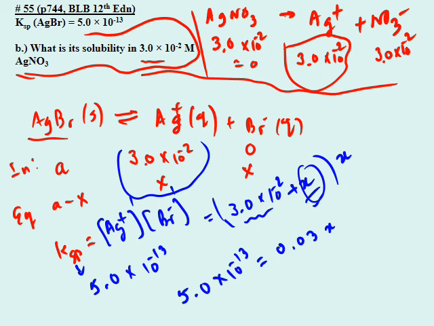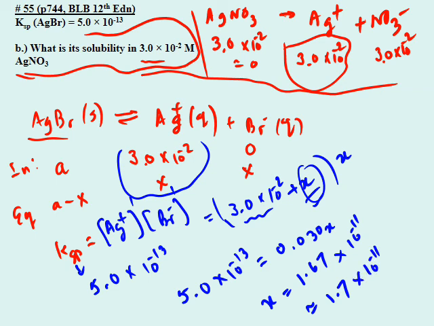So now that gives you, if you do the math, let's have one more significant figure, X would be given by 1.67 times 10 to the power minus 11. I can round it off to 1.7 times 10 to the negative 11.